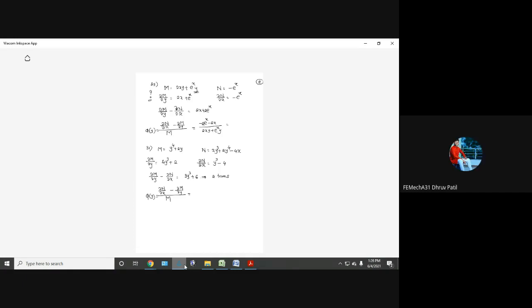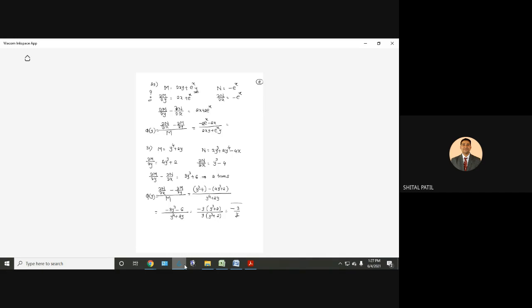So now we can take M in the denominator. M or N? What you are saying? M. We have to take N, no doubt. Take -3 common. -3 by y.